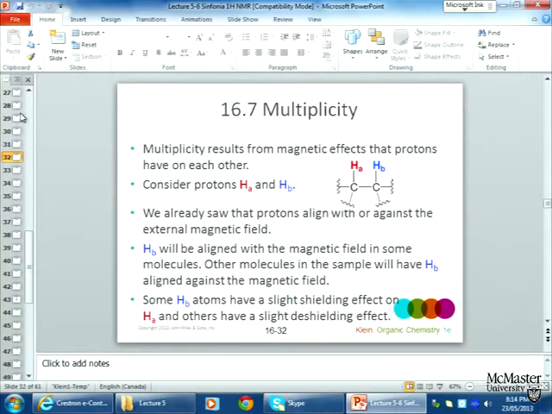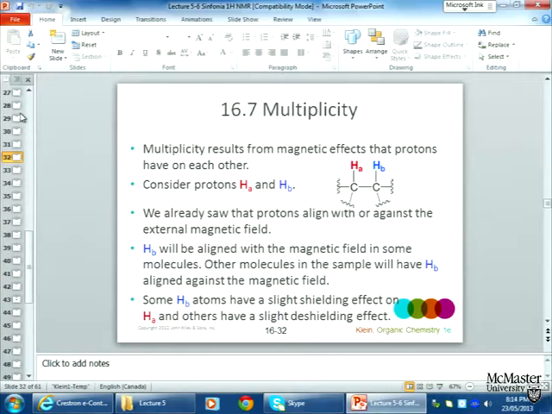So if we look at 2 non-equivalent hydrogens on 2 carbons next to each other, as shown in slide 32, we have HA and HB, one in red, one in blue. They're different environments, and multiplicity results from the effect that the magnetic field on HB has on HA. So we talked about how NMR was all to do with magnetic billiards, right?